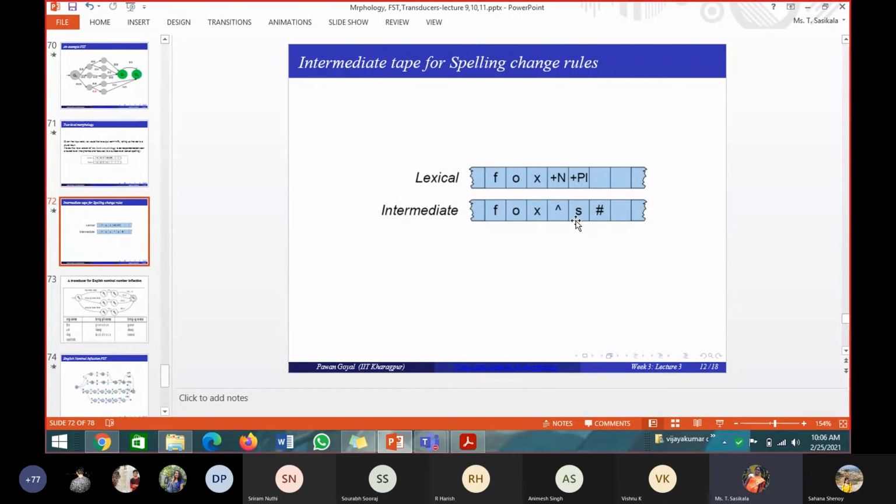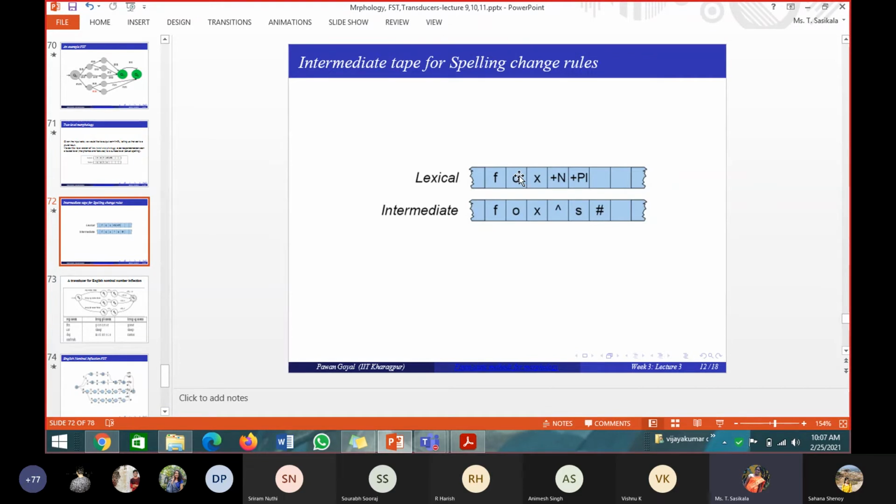Instead of going from the lexical level to the surface level directly, because it will not work for all types of input, we have an intermediate level first. So this is called a two-level morphological process.